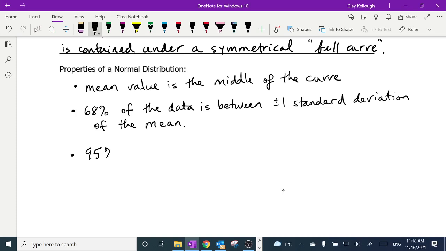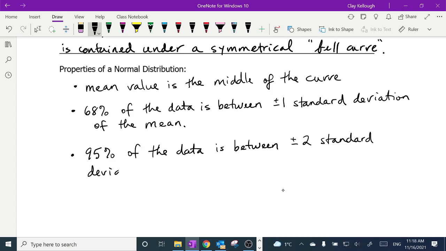95% of the data is between plus or minus 2 standard deviations of the mean.